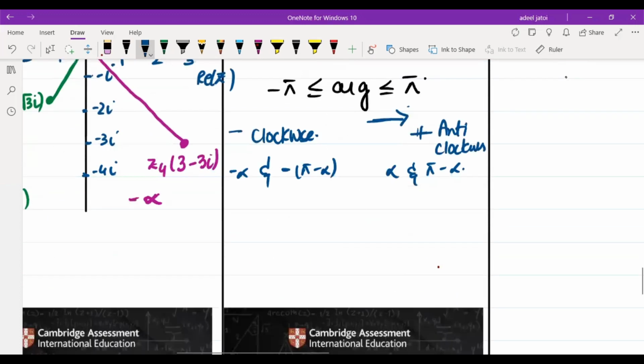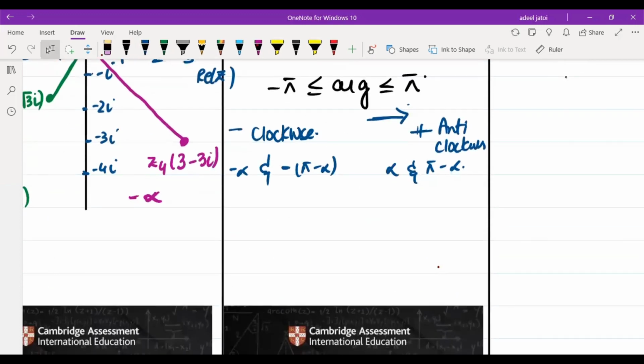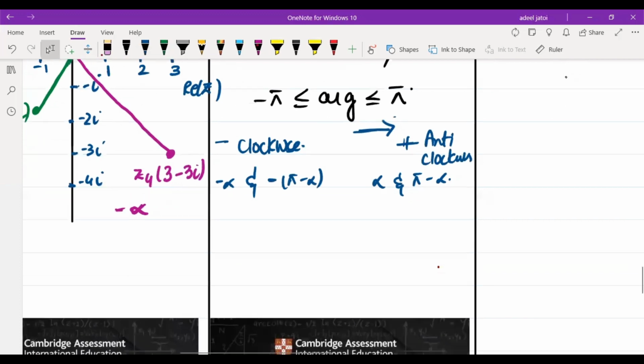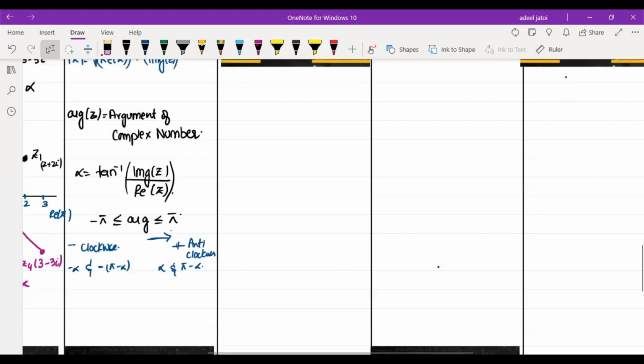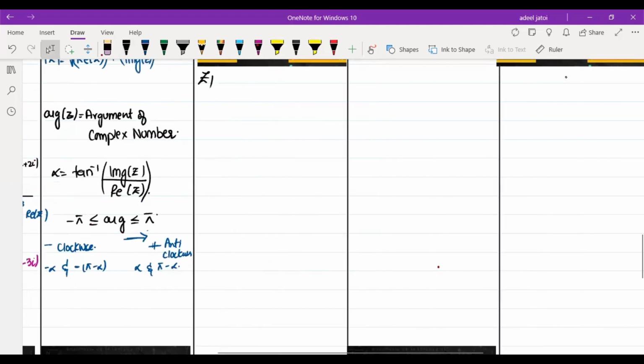So, considering these, let's just work upon Z1. Your Z1 was 2 plus 2 iota, right?